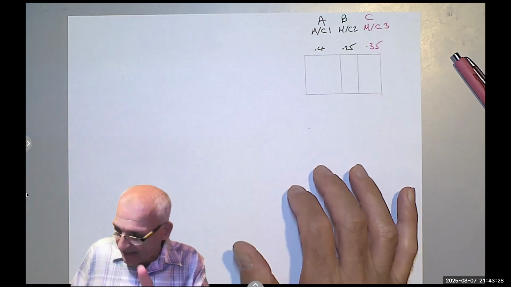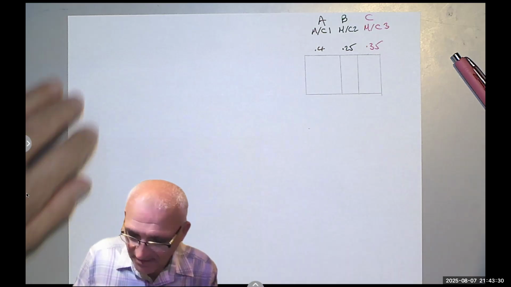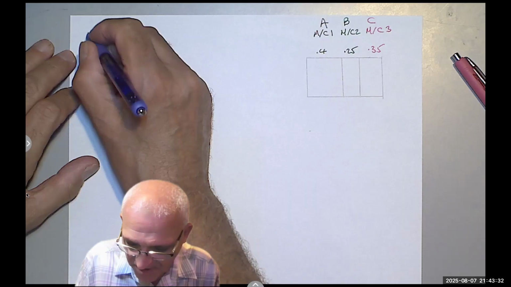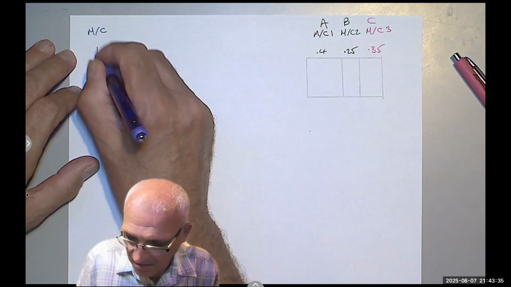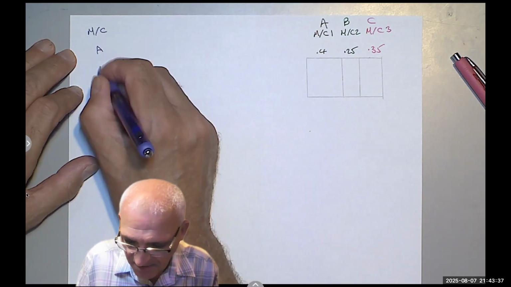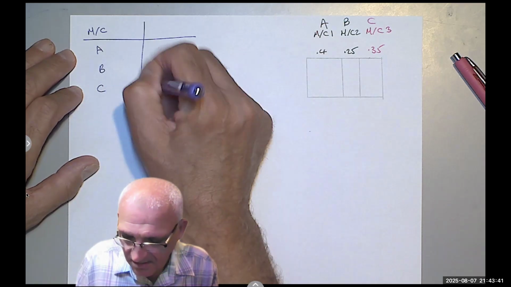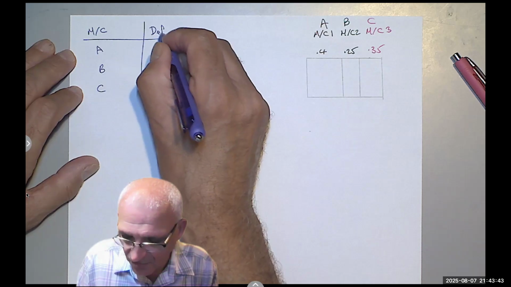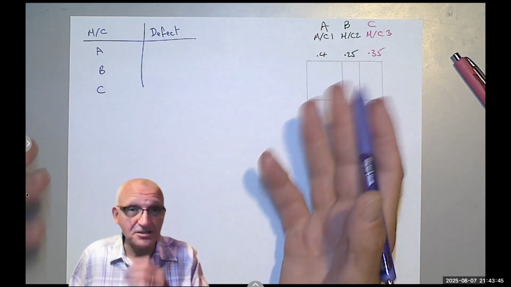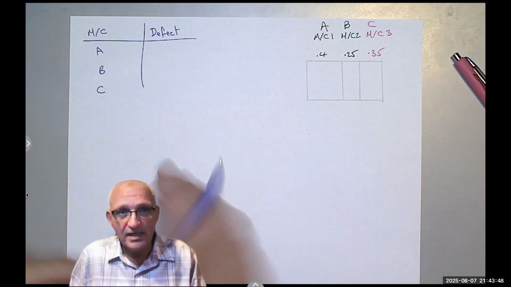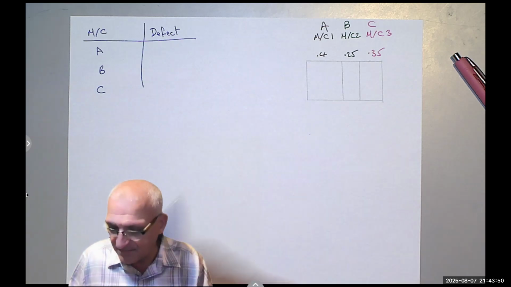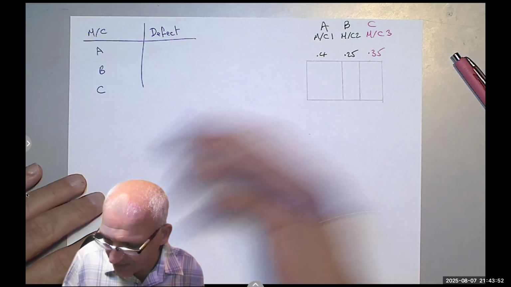Okay? Now we have machines A, B, C, and the defective percentage. Each one has a different defective percentage. Let's give some numbers.